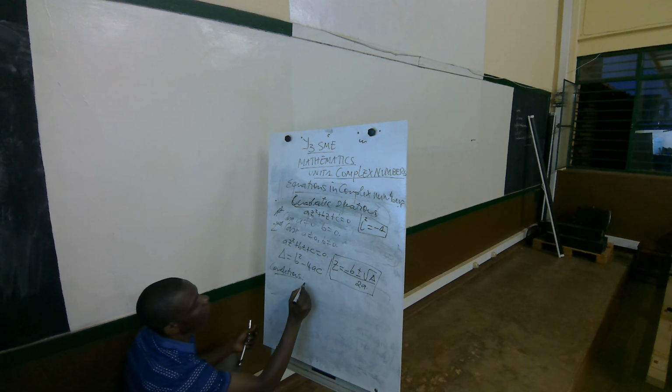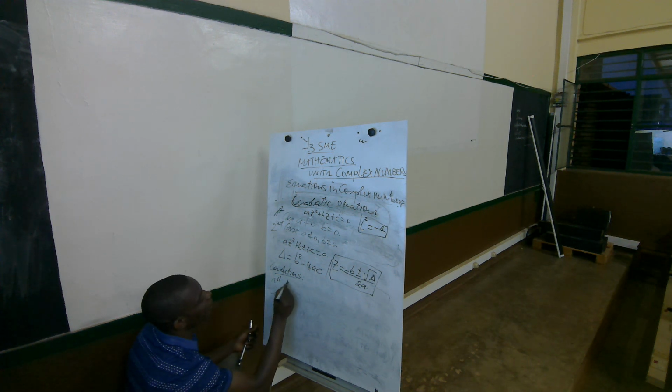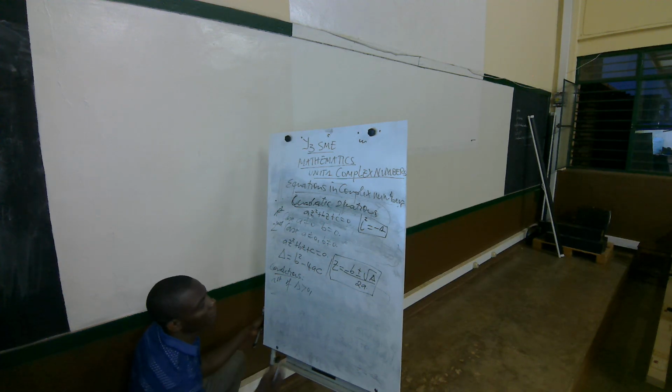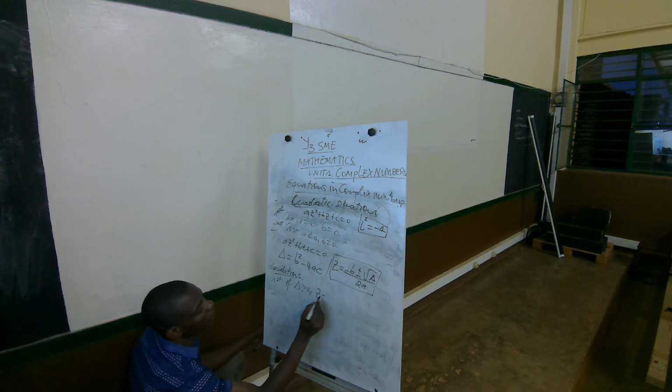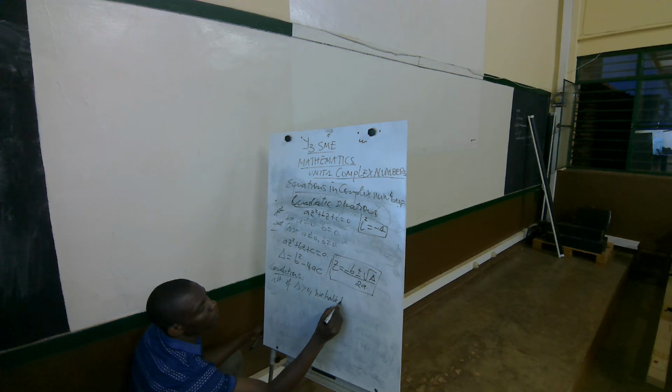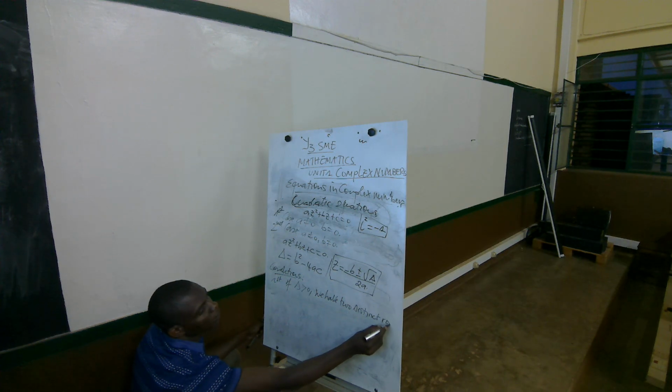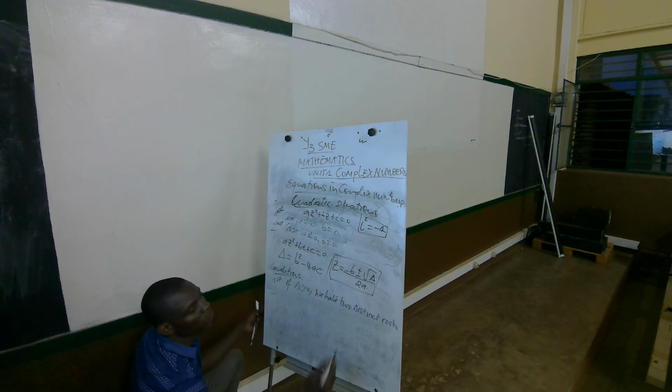Now, first one, if determinant is greater than 0, it means it's positive. So we are going to have two distinct roots, or two real roots.